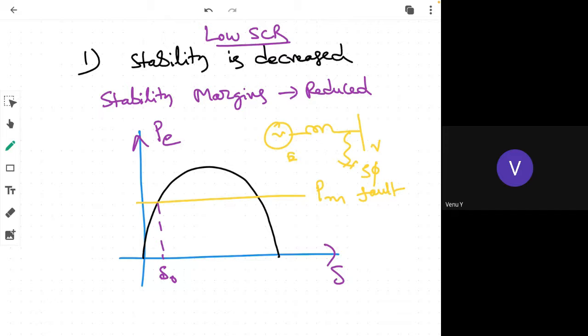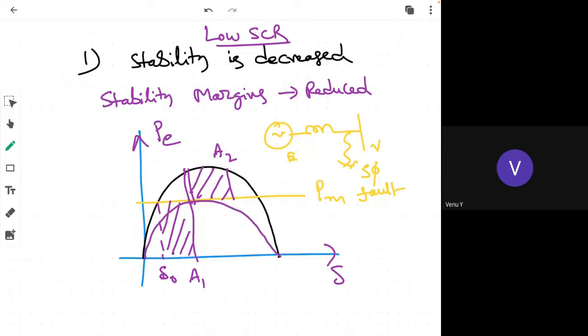So after the fault occurs, what happens? The accelerating area A1 and the decelerating area A2, this is A2. When the power triangle has decreased to a lower value, naturally this is the available margin A1.